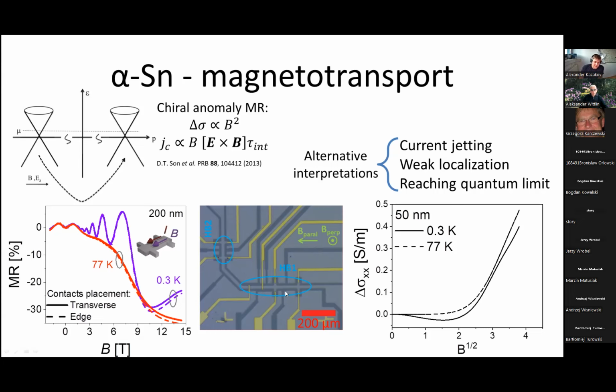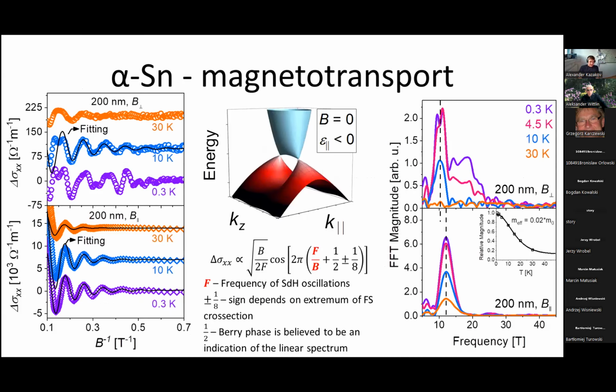And finally, weak localization for a 3D system should depend on the square root of the magnetic field, and we do not see the square root behavior in the full range of magnetic field. So we also do not believe that this is the case. It is also anisotropic in this case, because in HB2 we have positive magnetic resistance.